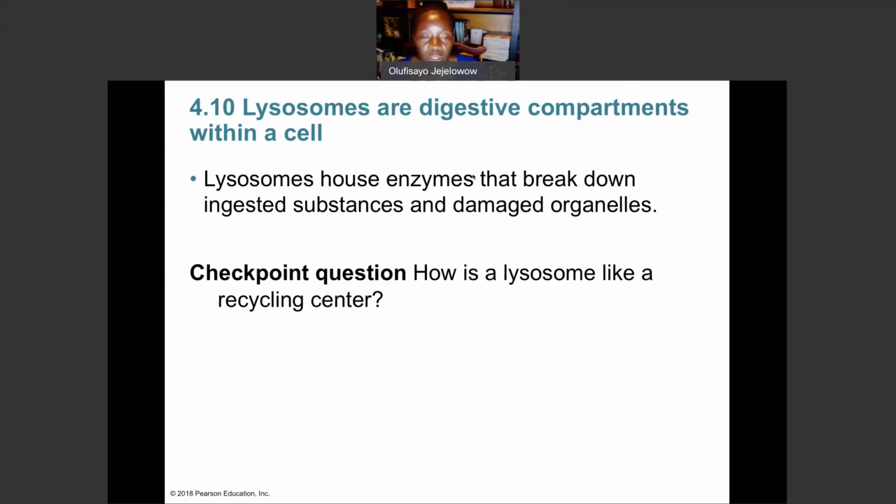So how is the lysosome like a recycling center? In larger organisms, you have organelles that are too old. Instead of the cell trying to repair it, it's simply digested, releasing the nutrients and molecules that need to be reused by the cell.